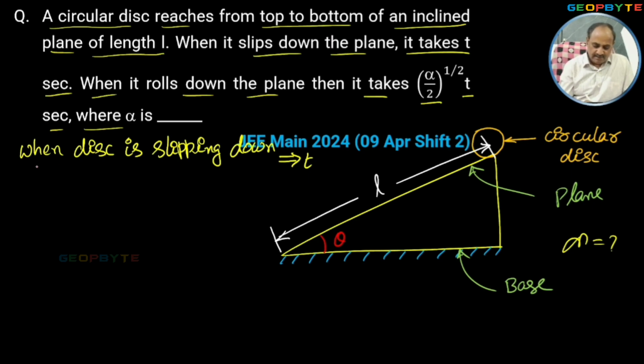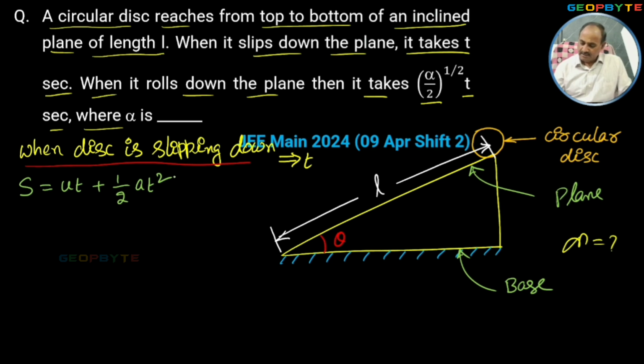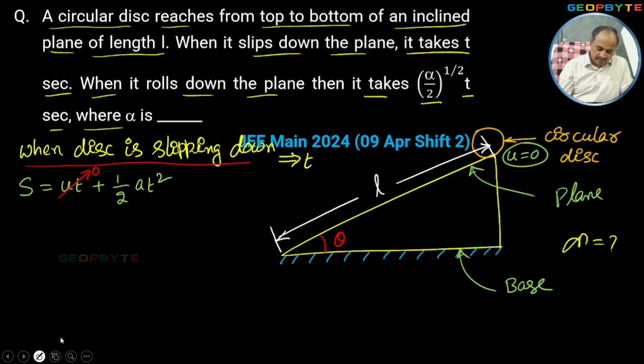First, let us take the slipping condition. When it is slipping down, the distance traveled by the circular disc S equal to ut plus half at square. Since initially the disk is at rest, initial velocity u equal to 0, so ut is 0.